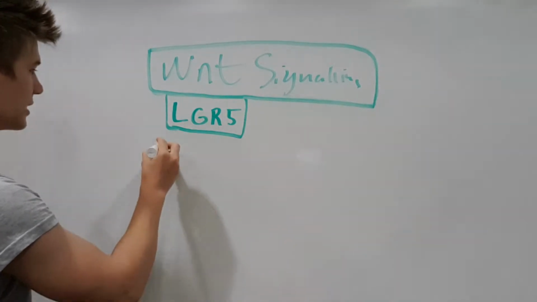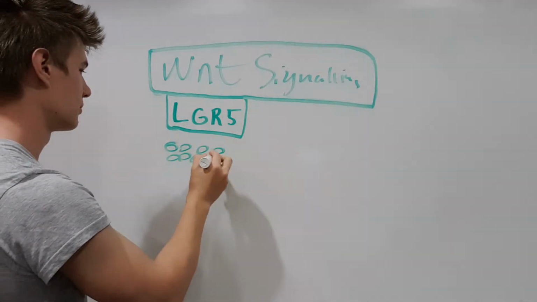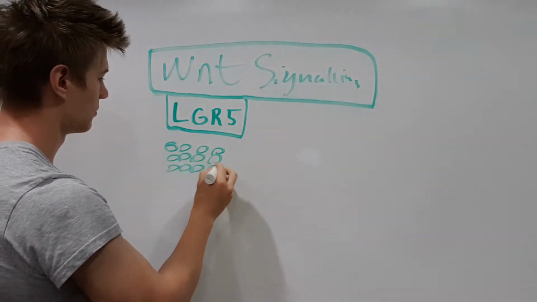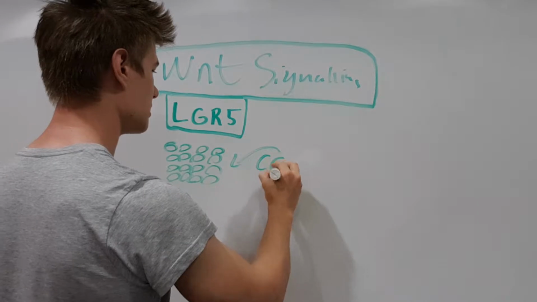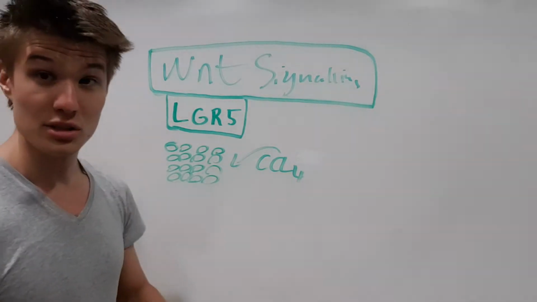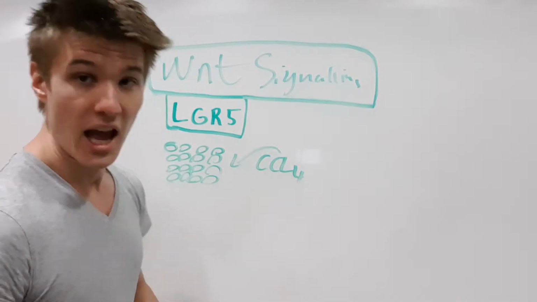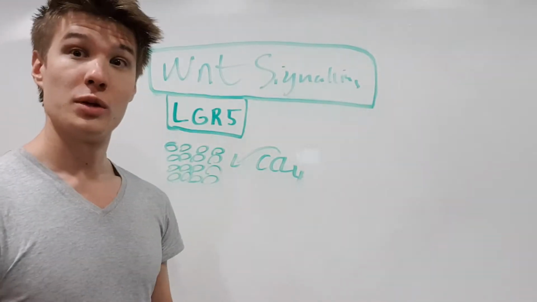So we take a sample of cells, and the experiment applies CCl4 to them, which is a chemical which damages the cells, and it causes some Wnt signaling to occur, which we can detect.